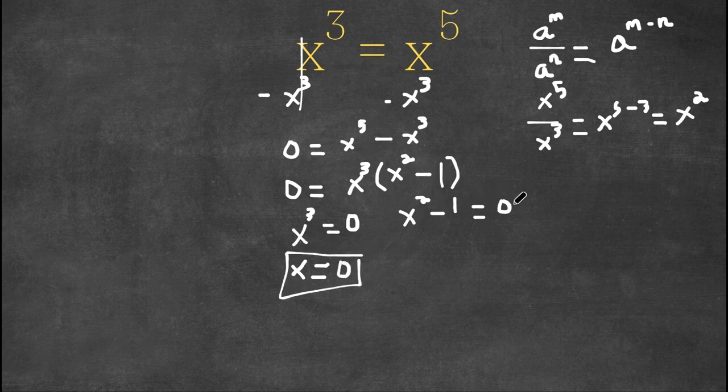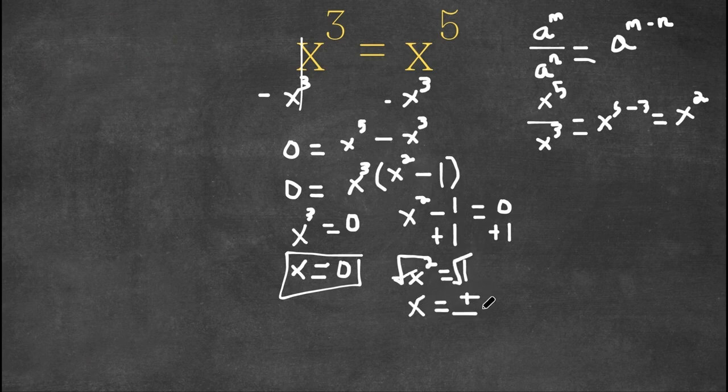Now we have x squared minus 1 equals 0. If we add 1 on both sides, we get x squared equals 1. Now, if we take the square root on both sides, because we just want x, we get x equals positive or negative 1.